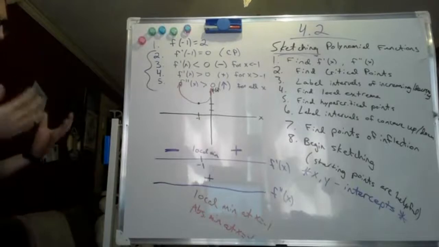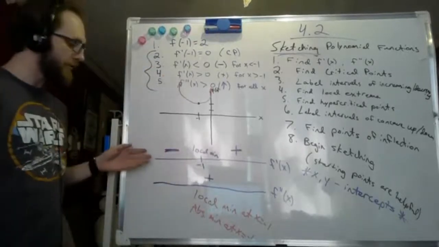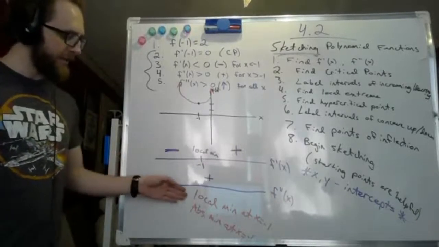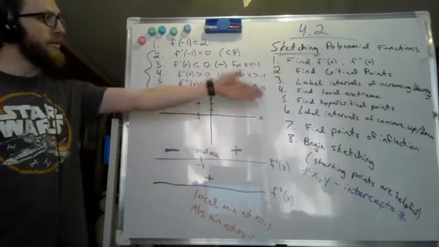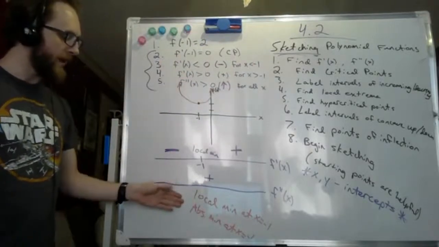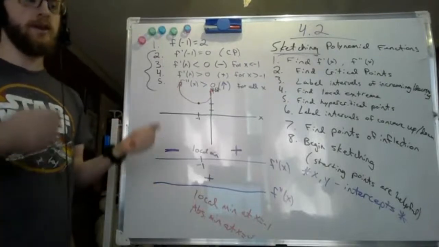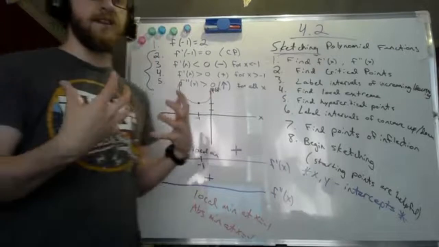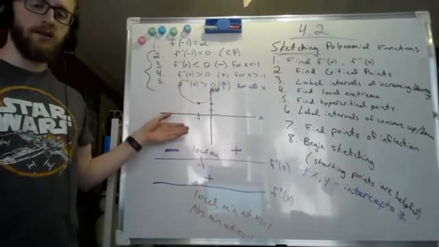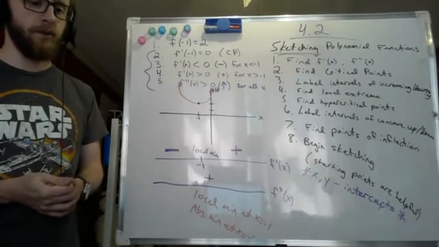And in order to do this problem, we had to combine all of our knowledge from the first derivative test, the second derivative test, and our definitions for extrema, critical points, hypercritical points, local mins and maxes, and absolute mins and maxes. So this lecture really culminates in bringing everything together, and now we get to see it visually. So this is really nice as a tipping point for chapter 4.